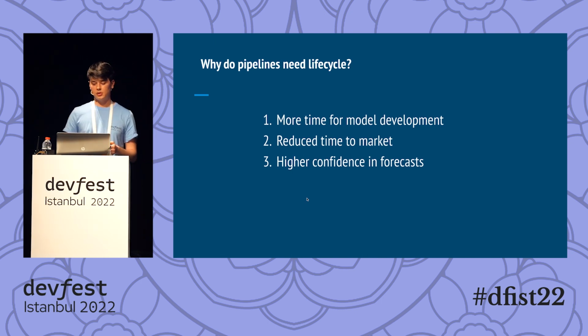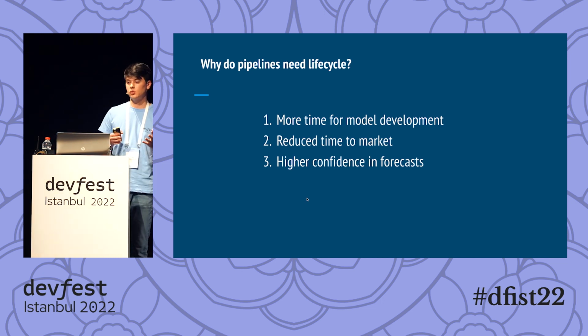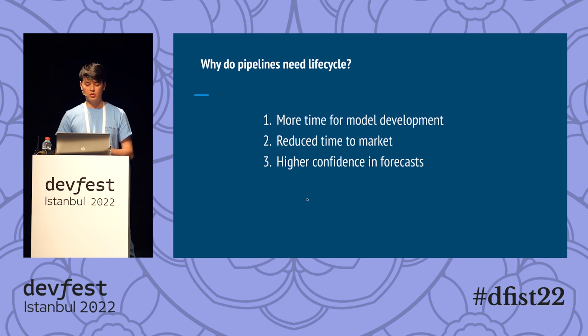Then it gives reduced time to market. As the whole process is automated, your time to market gets reduced. Time to market is the time needed for a machine learning DevOps project to get to production. The third one is higher confidence in forecast.